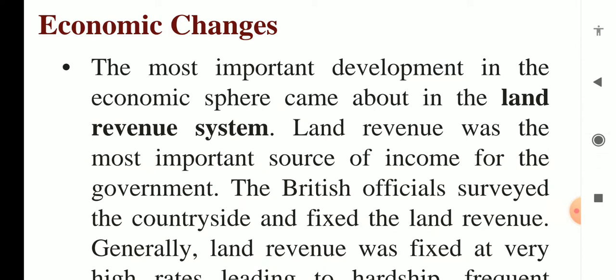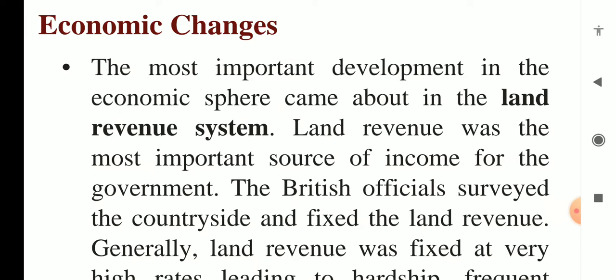The British officials surveyed the countryside and fixed the land revenue. At that time, what did the British officials do? They surveyed the countryside. To survey means to observe. To observe different lands, farms, and many more fields. On that basis, the survey was noted in different notebooks.